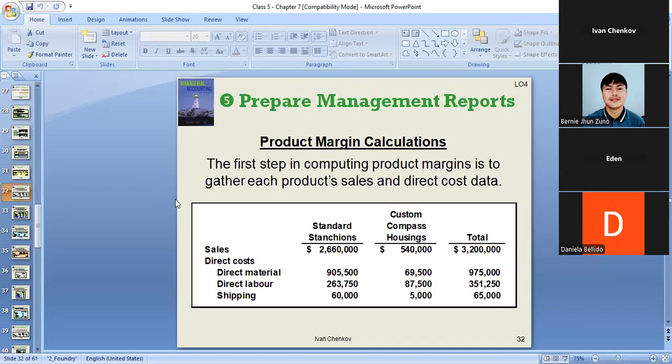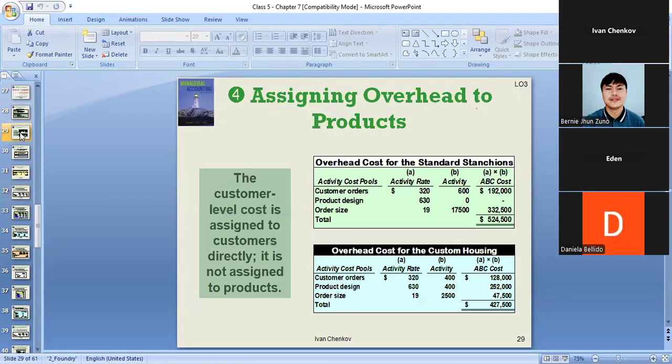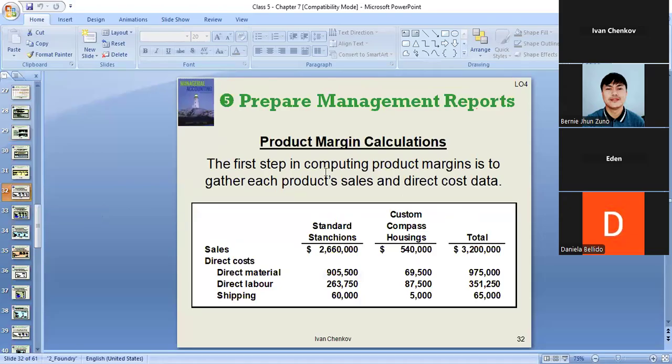Once I prepare this by the divisions in the company, now I can start working with the reports for both divisions. Again, we're not going to allocate direct material and direct labor hours, but those will be split by the 2 divisions based on how much they're using.